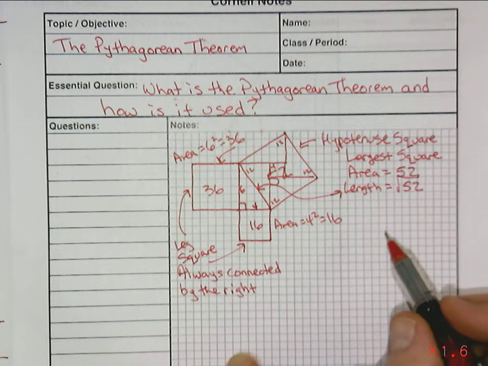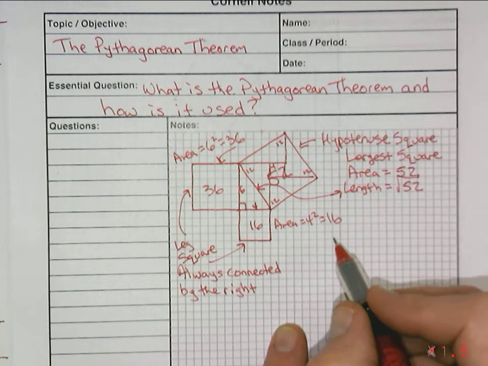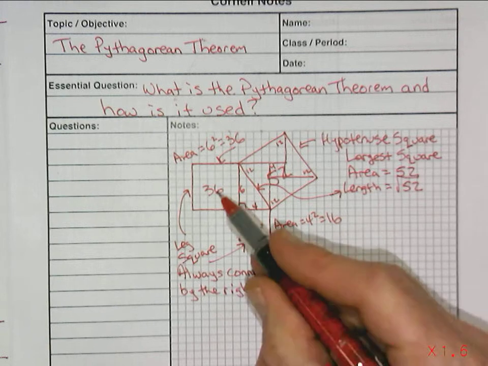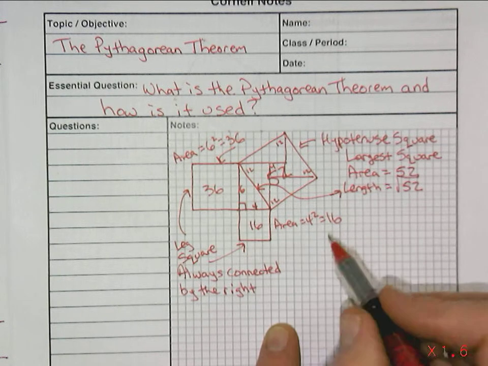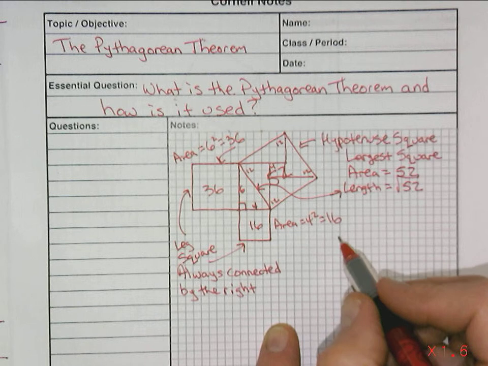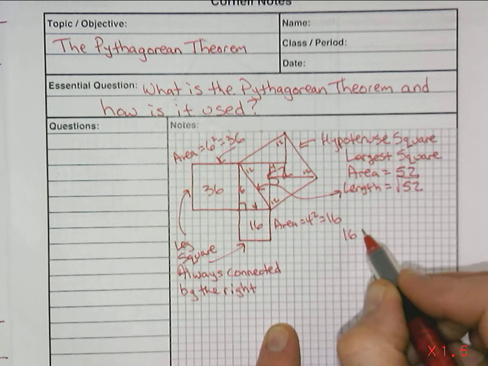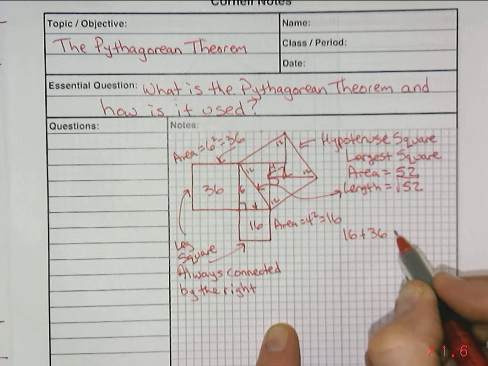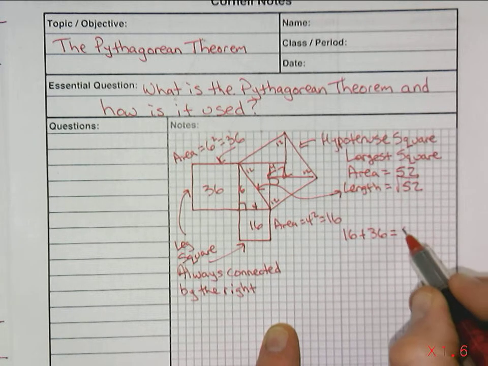Now the interesting thing about this is that if you take the areas of the two smaller squares and add them together, so if we have the 16 plus the 36, we actually get the 52.